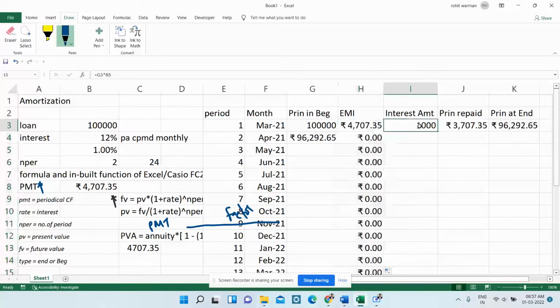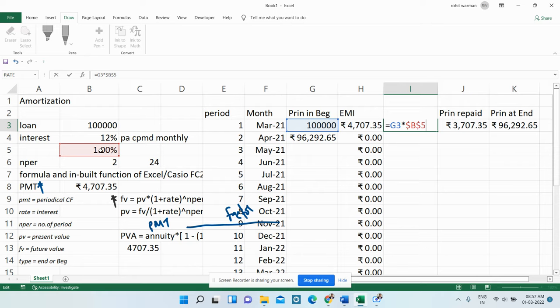Another thing is we have to be careful that interest is always on the principal. So for the next month, the interest will be on the principal, which is 96,292. Fine. So this interest, which is 1%, will be on this. This one, we always need the 1%.